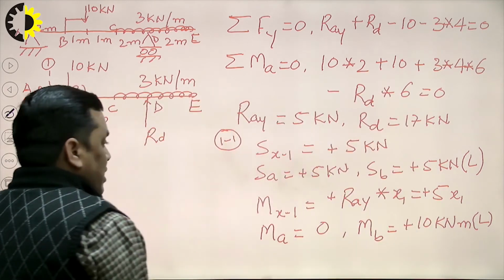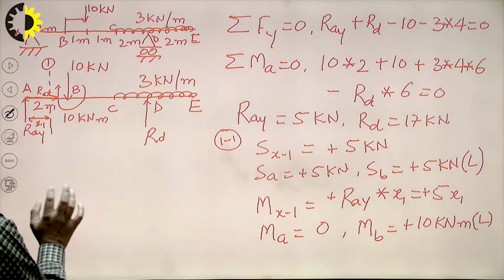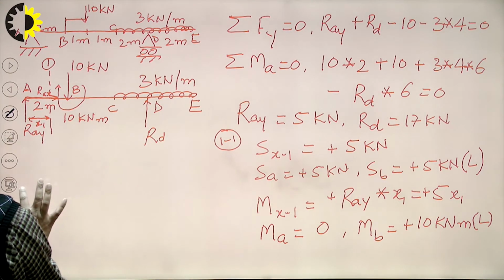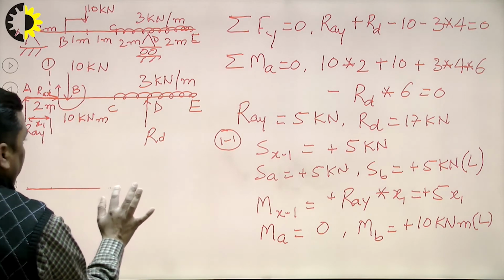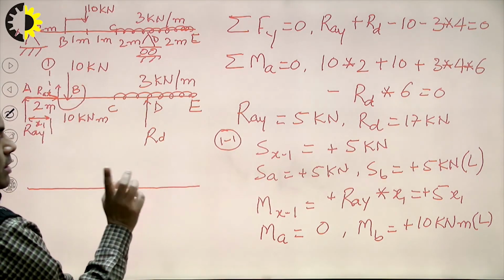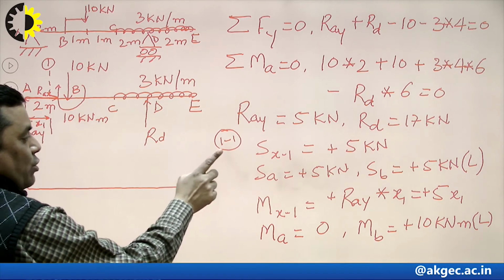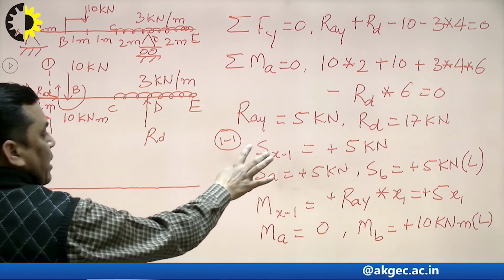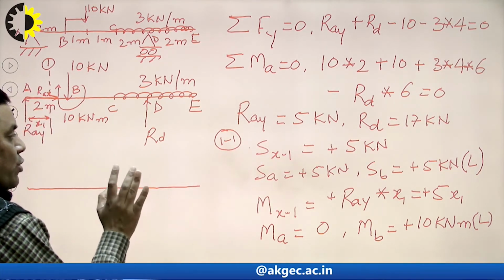Now, the important thing, simultaneously we must draw the shear force and bending moment diagram also. So, I am coming to this shear force diagram. At point A the value is plus 5, at point B the value is plus 5, and the equation here for shear force is the constant horizontal line equation.